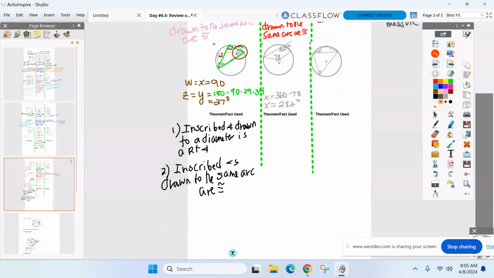How did I know that was 78? Quadrilateral inscribed in a circle implies opposite angles supplementary.